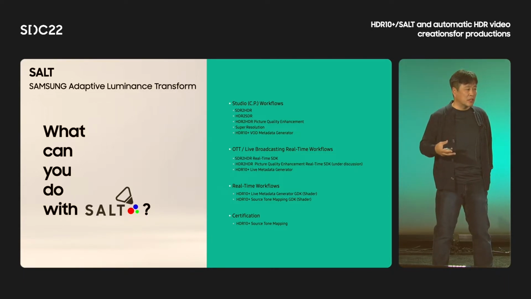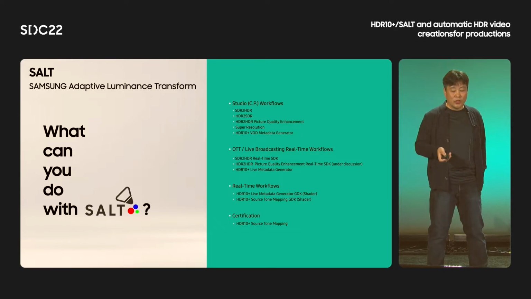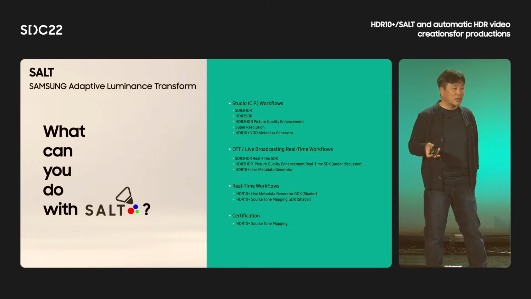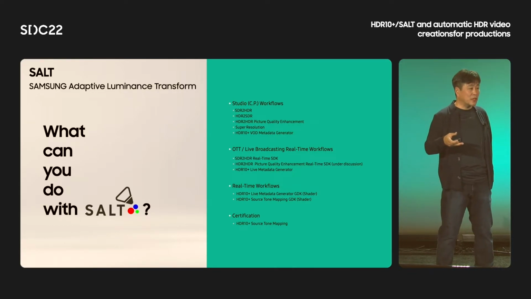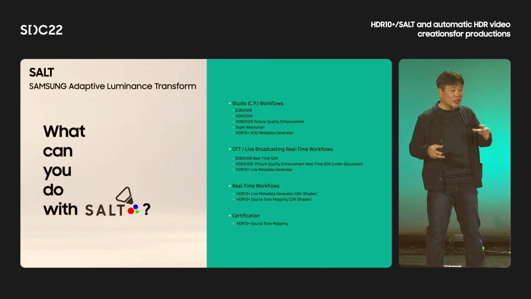Those are also other opportunities with the solution. You can also use it for the certification of HDR10 Plus, because it was derived from the HDR10 Plus project in order to handle many use cases with HDR10 Plus. So it has the capability to handle the certification as well.